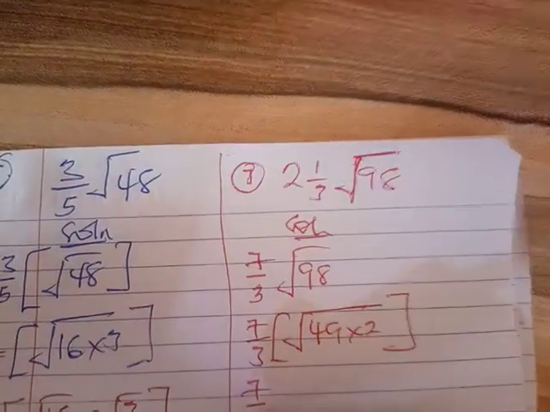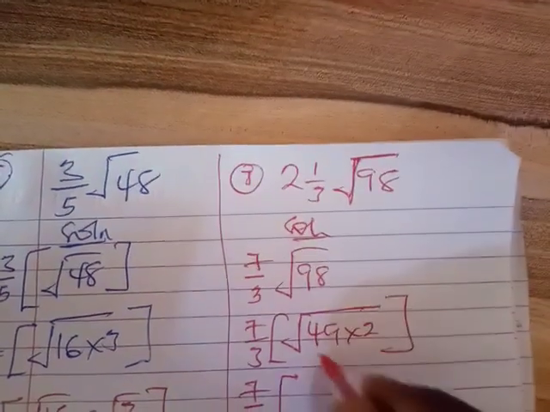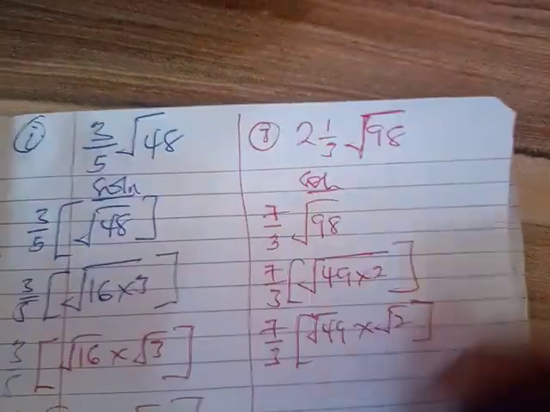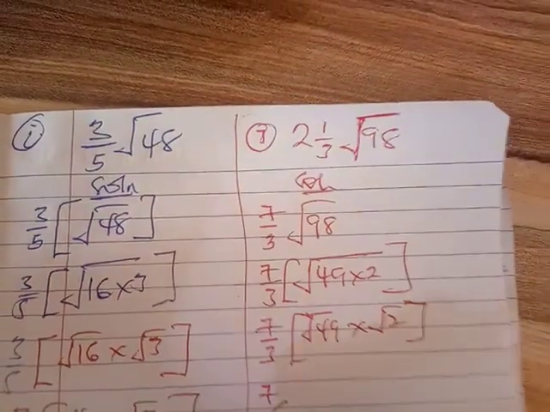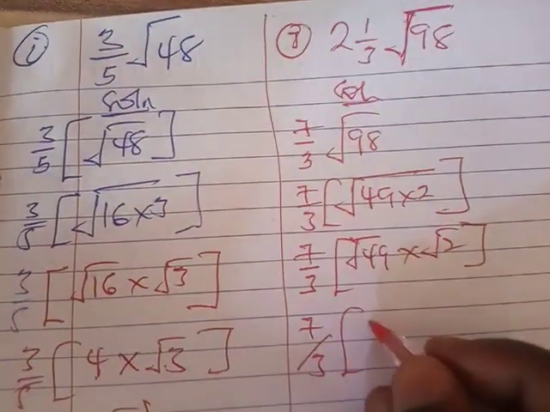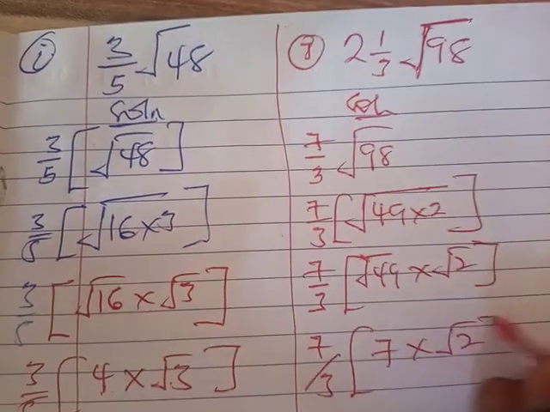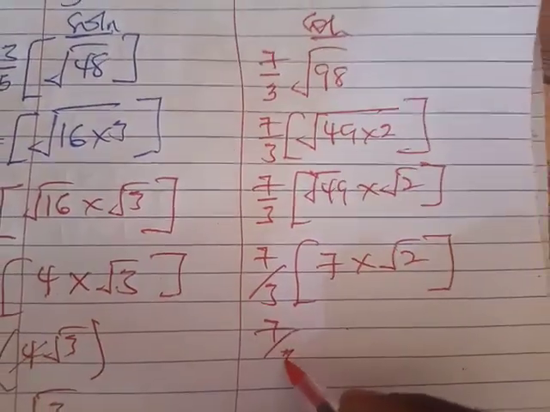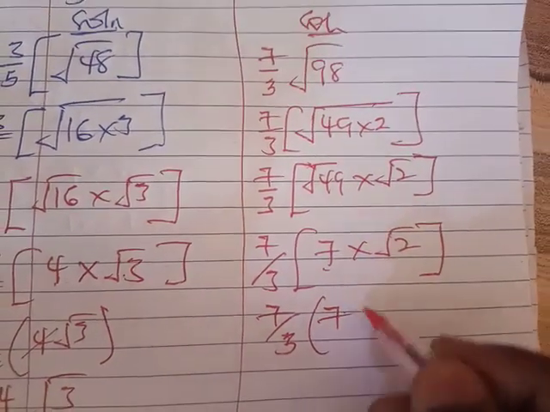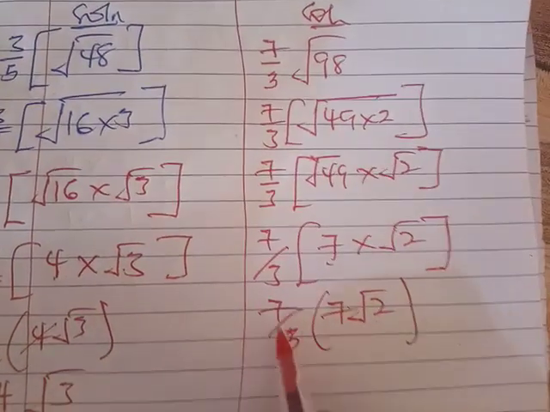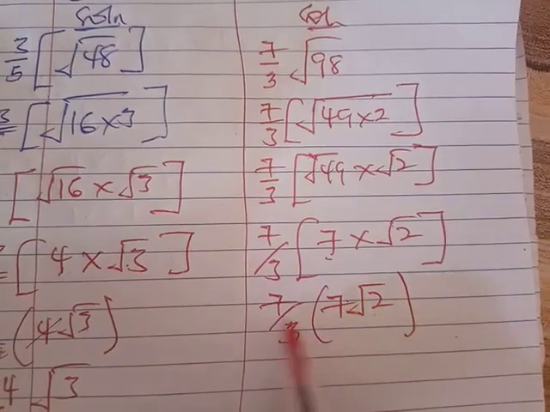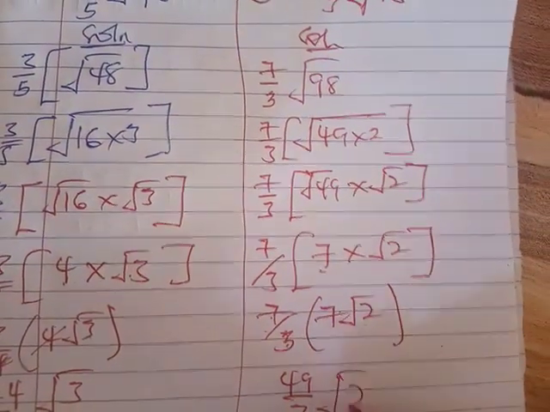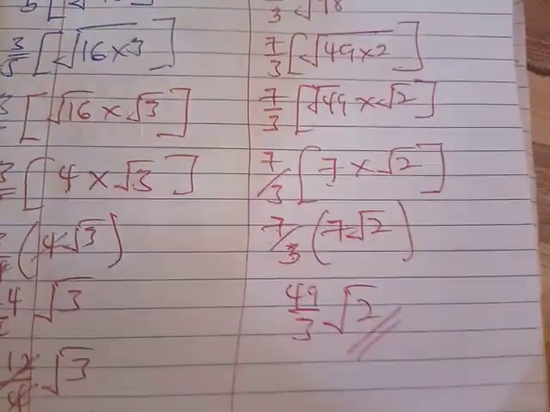So we have 7 over 3, that's root of 49 times root of 2. Root of 49 is 7 times root of 2. Now we have 7 over 3, 7 times root of 2 is 7 root of 2. Now because 3 cannot cancel this, 7 times 7 becomes 49 all over 3 root of 2. Then you leave your answer as it is.